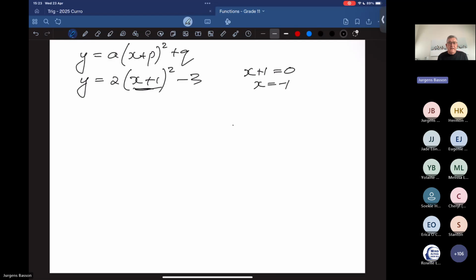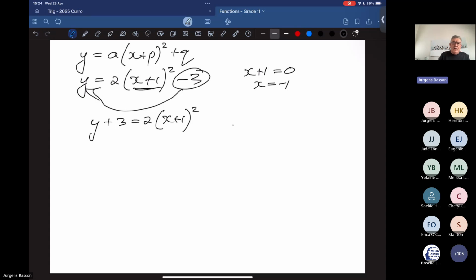And the simple reason is this negative 3 is a change in y. So it is supposed to be there. I'm not saying you must put it there. We always take it across. But if I just write it down on that side like this, you will see what I'm trying to say.